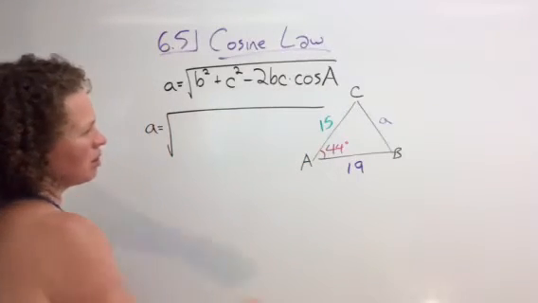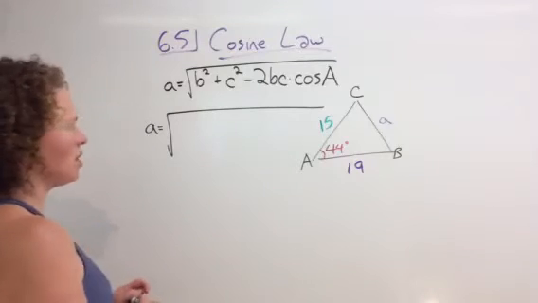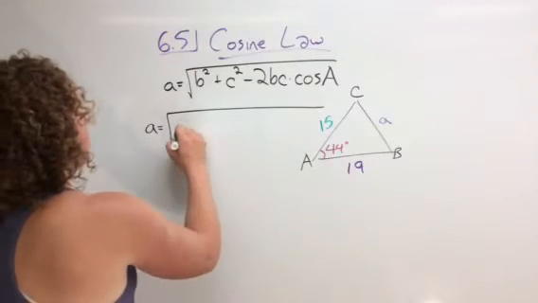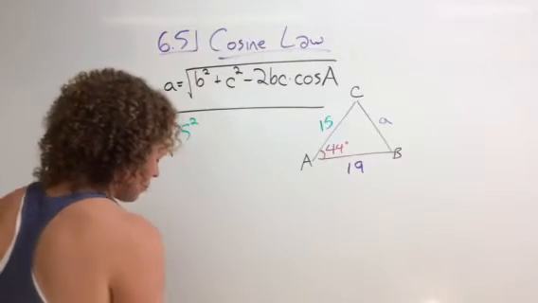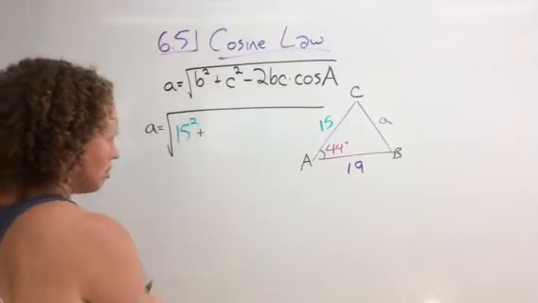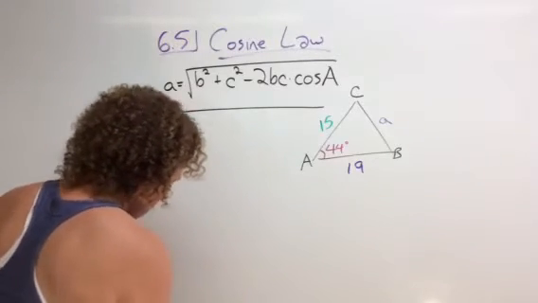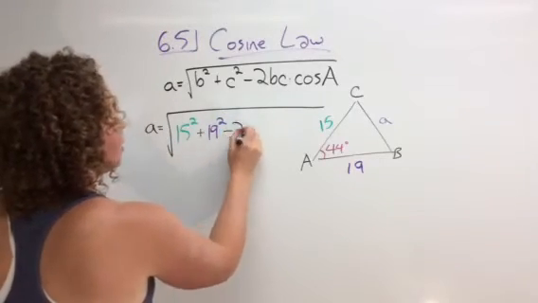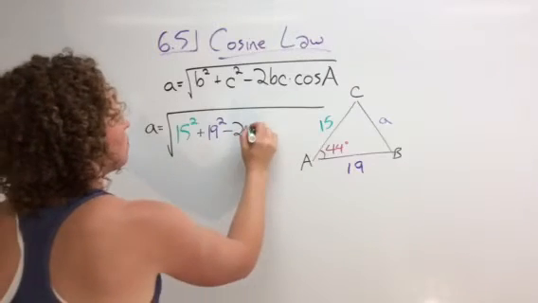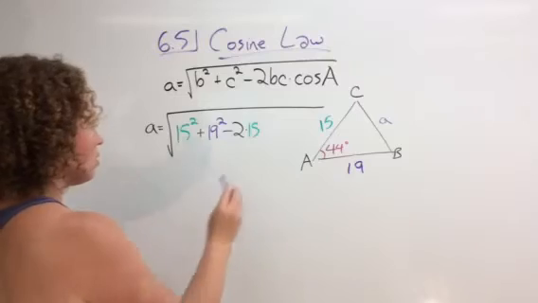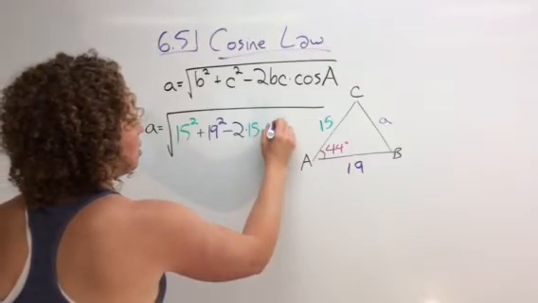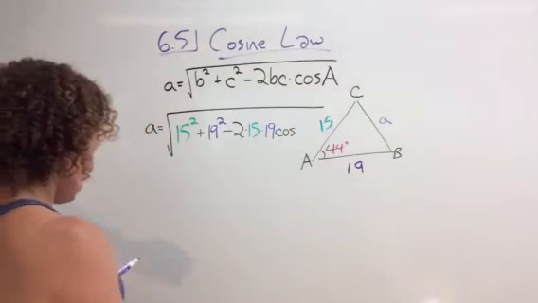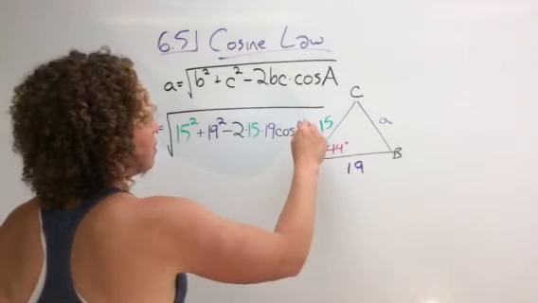And it doesn't really matter which order I put these two sides in as far as b and c goes. It's just saying that they're the two sides that aren't opposite to the angle. So I'm going to go 15 squared, probably just keep this one handy, plus 19 squared minus 2 times 15 times 19 times cos of the angle, which is 44 in this case.